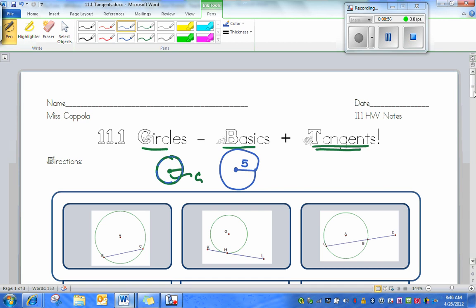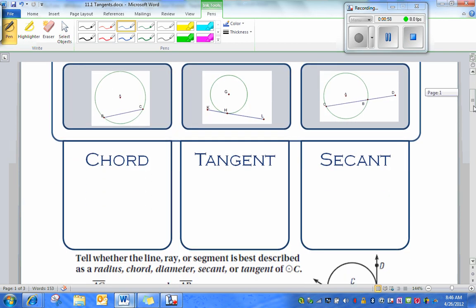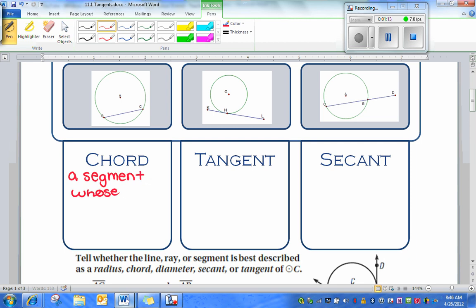Okay, so there's a couple definitions that you may or may not have heard of, and they are chord, tangent, and secant. The first thing we're going to talk about is a chord, and it's a segment whose endpoints are on the circle.